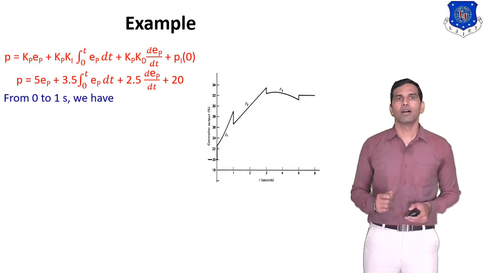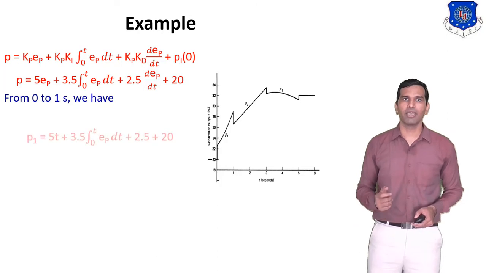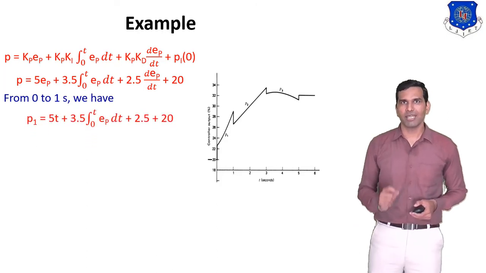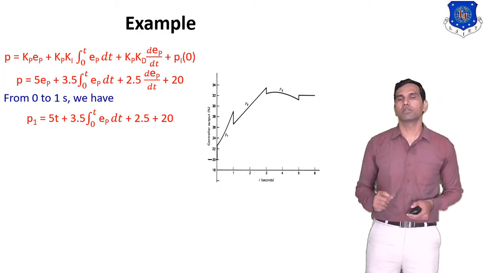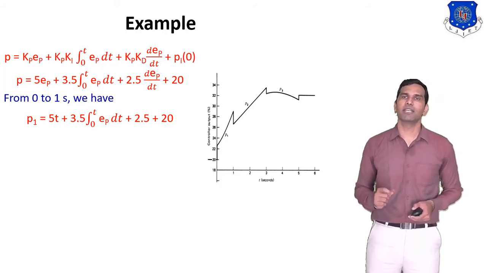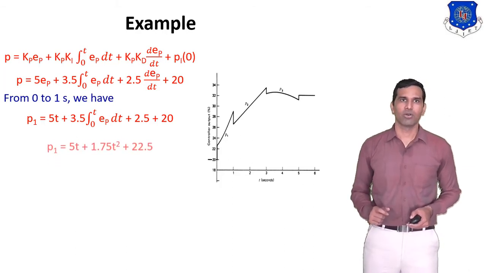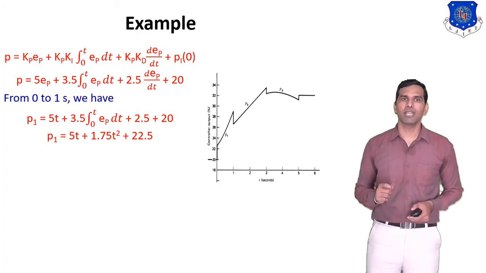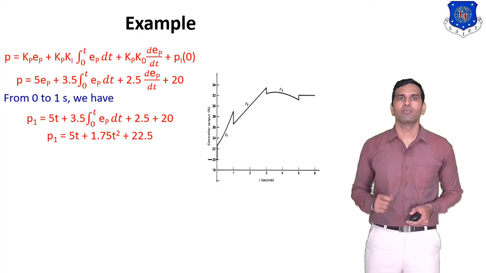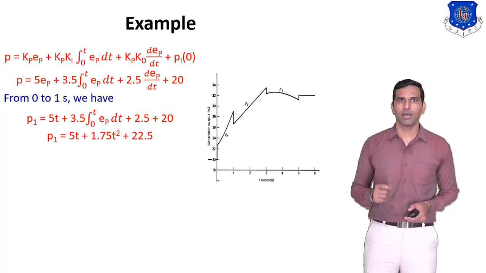Now for 0 to 1 second, we have P1 equals 5t plus 3.5 integral from 0 to t of Ep dt plus 2.5 plus 20. So we get P1 equals 5t plus 1.75 t squared plus 22.5. Here we simply integrate the term.